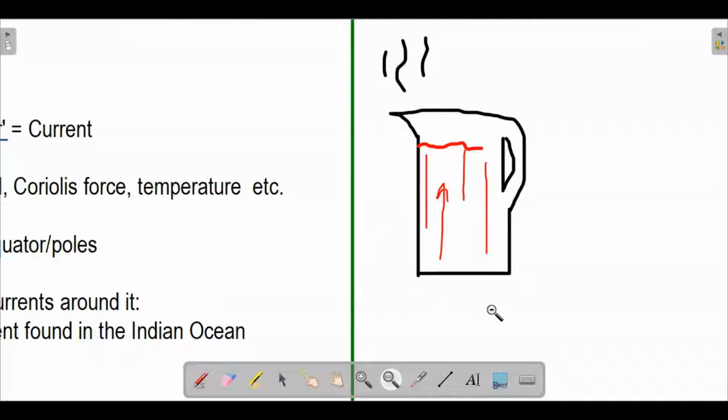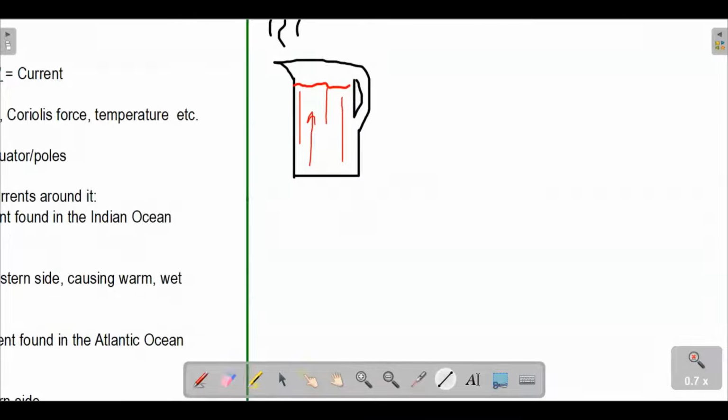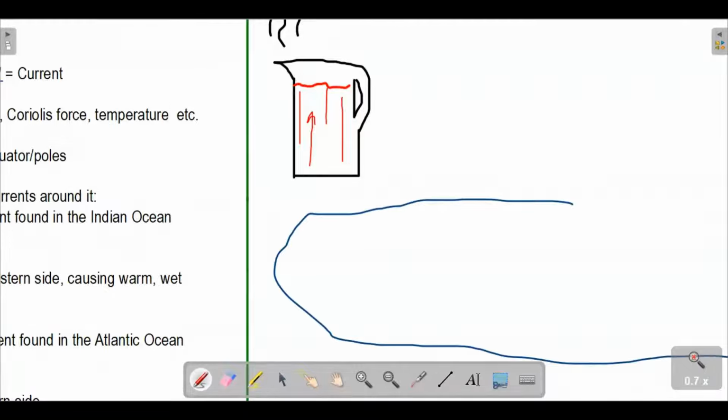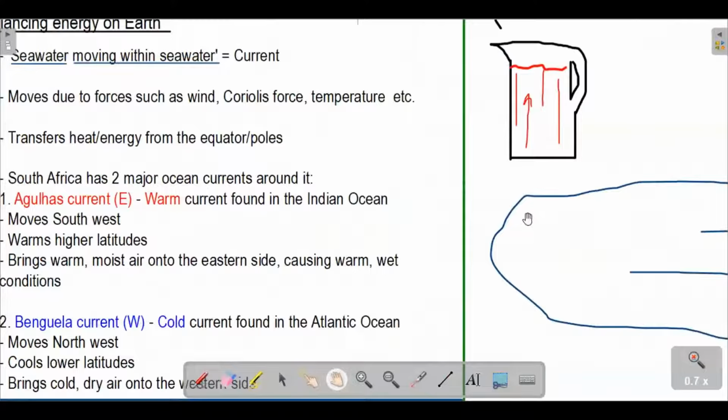That is what we call a current, guys. So let's say this is the ocean. Within the ocean, you have bodies of water that are moving there, transferring heat from other regions to other regions. Now, these bodies of water, or these directed movements of water, are moved by multiple factors.